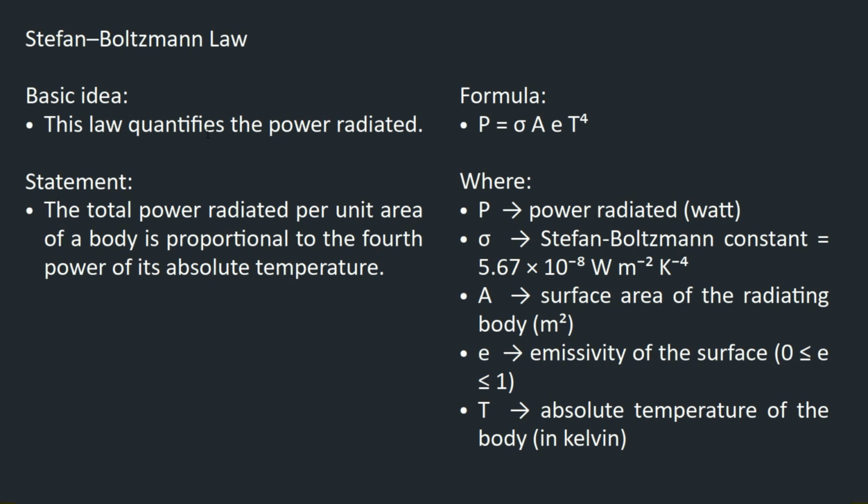So when we talk about radiating, the power of radiation, at what pace the body is emitting radiation, if you want to figure that out, we can use this formula. This formula is related to absolute temperature, that is, you are measuring in Kelvin.